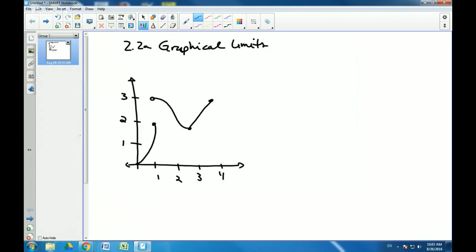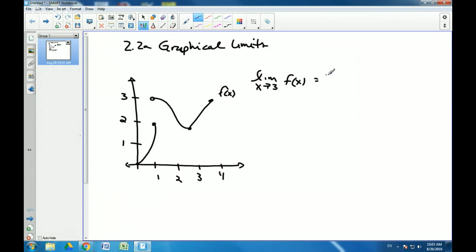Okay. Now I asked you, what is the limit? And on this picture, I would say, what is the limit as x approaches 3? We'll call this f of x. Yeah, it's 2 because that's the y value, correct?